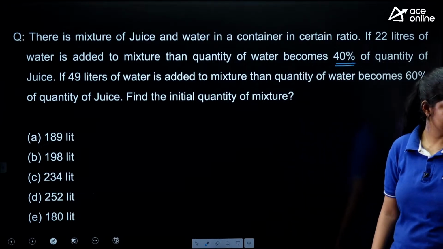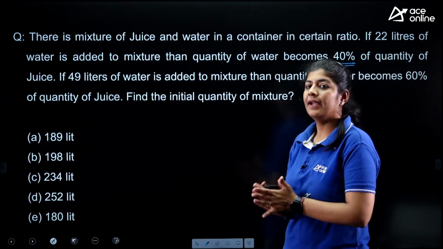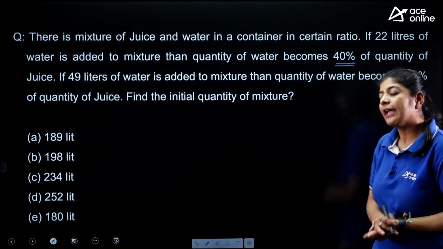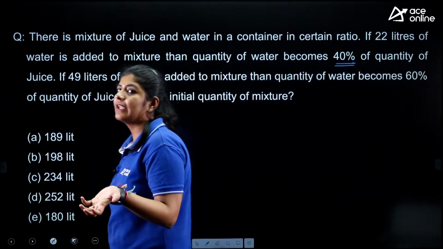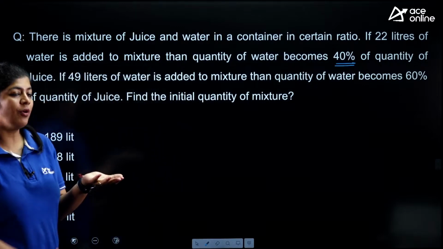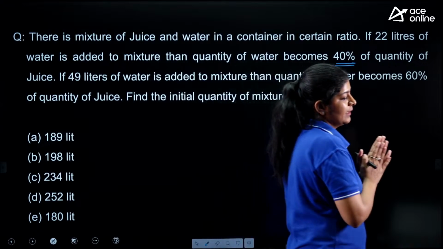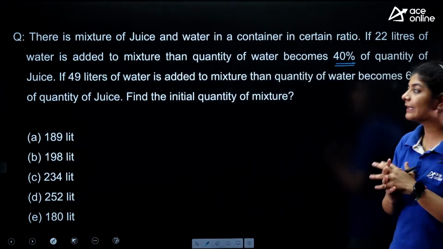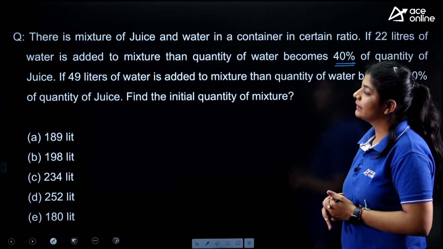How will we calculate this? Again, it's a very easy one. Here we have a mixture in a container, and that mixture is of juice and water. We just need to calculate the initial quantity of the mixture.